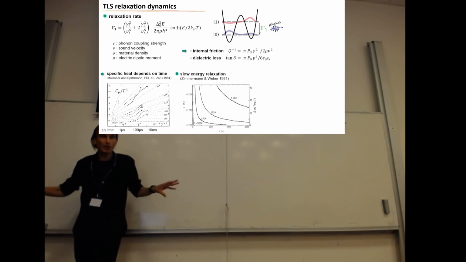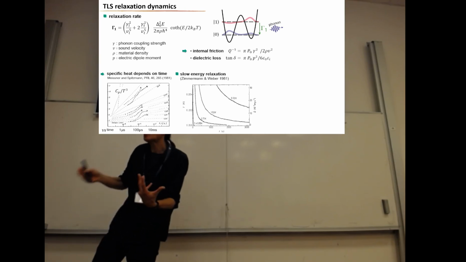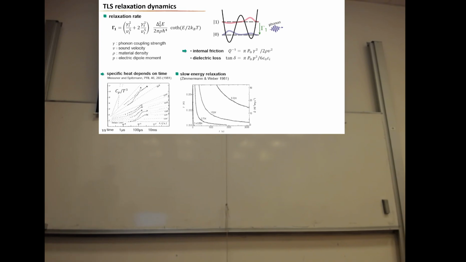You have a large disorder, a large random environment for each defect, and that's why each defect may have a different coupling to strain and accordingly a different relaxation rate. There are fast ones and slow ones, and the slowest ones, which have the weakest coupling to strain, those will be the ones which give this long logarithmic tail of your energy relaxation.